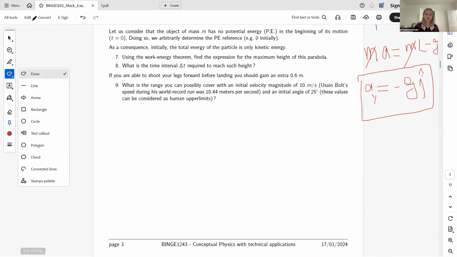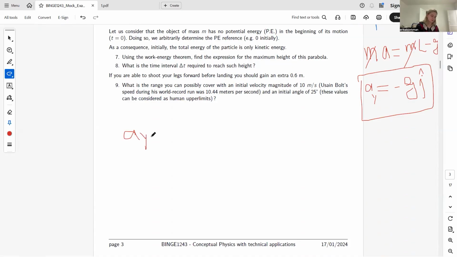For that purpose we need to write this equation for acceleration along the vertical. We can write ay is equal to dvy by dt is equal to minus gj.